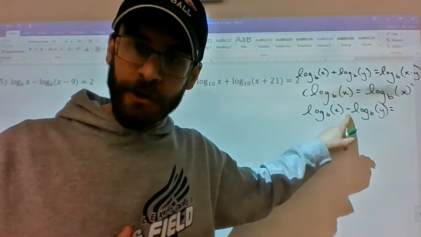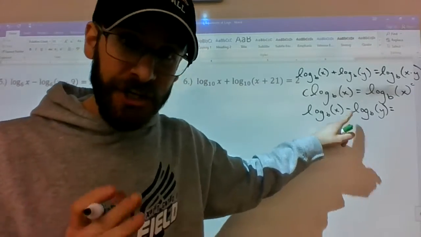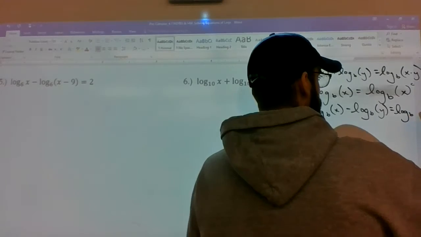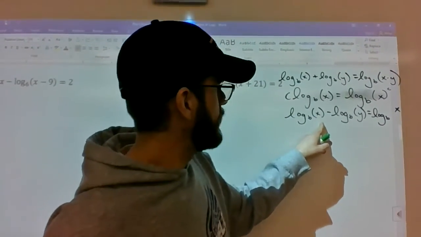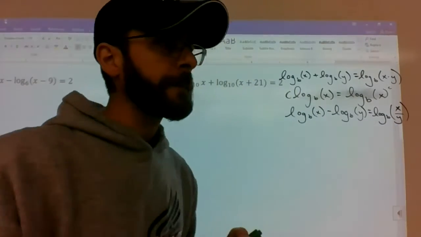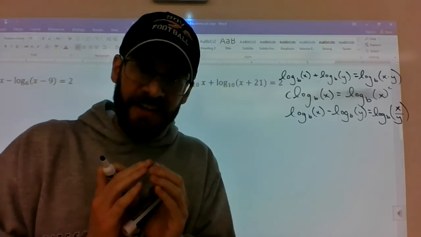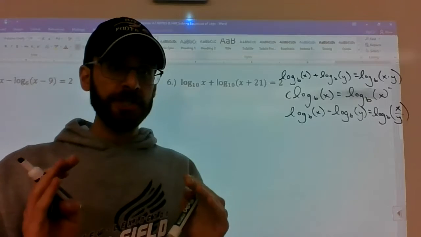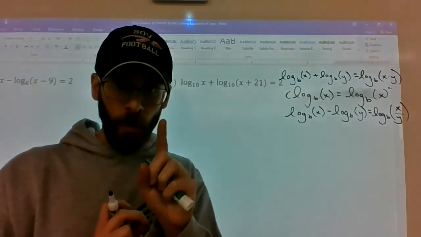Subtraction, what do you guys think it's going to create? That's right, division. It's going to be x divided by y. So addition of two logs of the same base, multiply the contents. It's now one log, that same base. Subtraction between two logs with the same base, divide the contents, and you've got one log now.